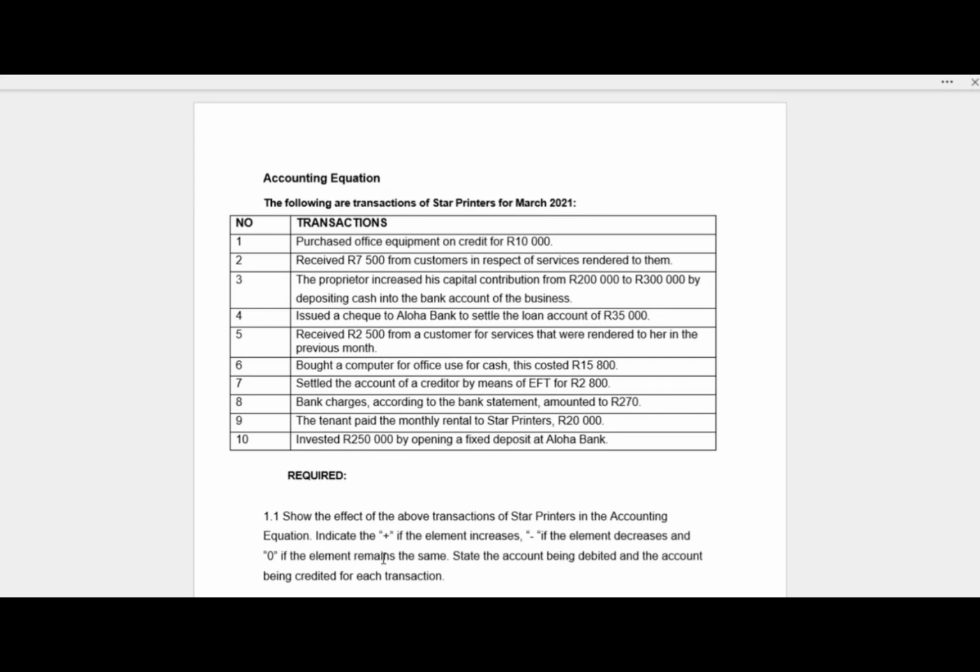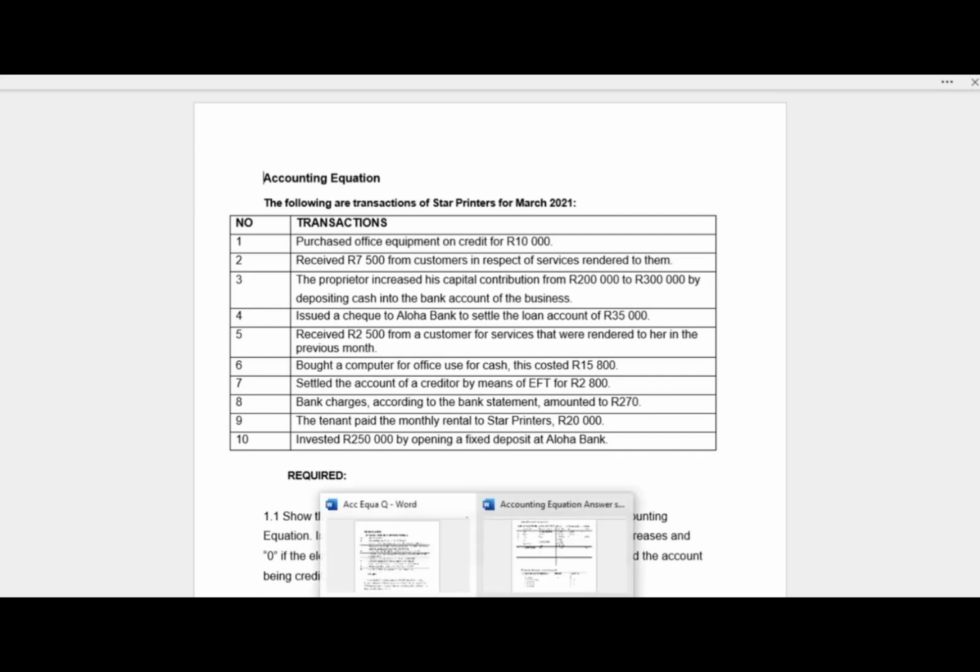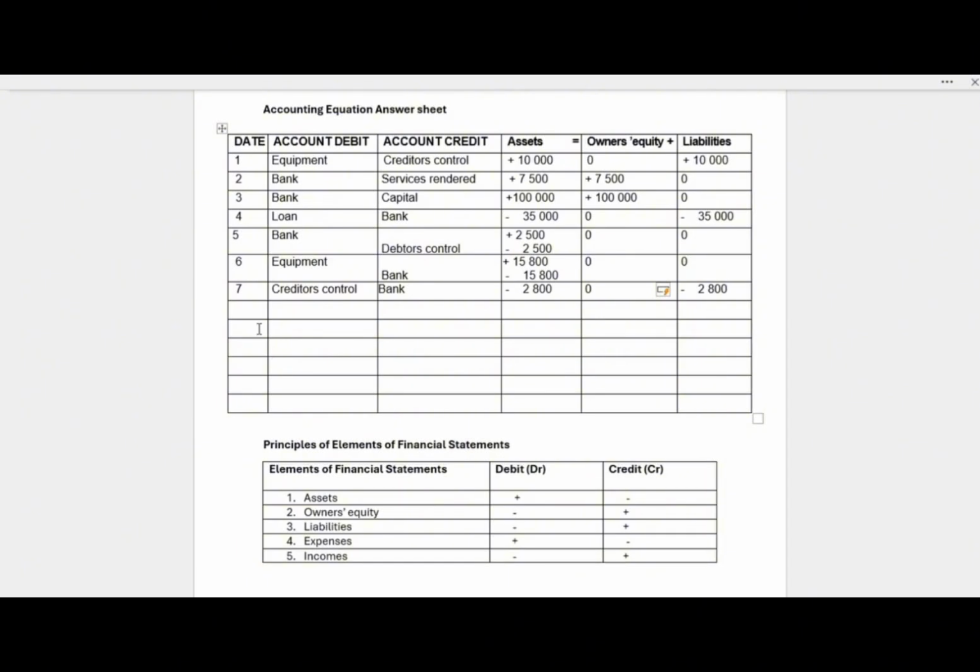So the two accounts affected here are bank charges and bank. Bank charges is an expense, bank is an asset. So there's a decrease in bank and an increase in expense, right? So you go there and say transaction number 8. Whenever expenses are increasing, we debit them.